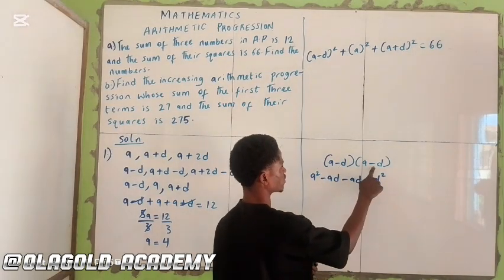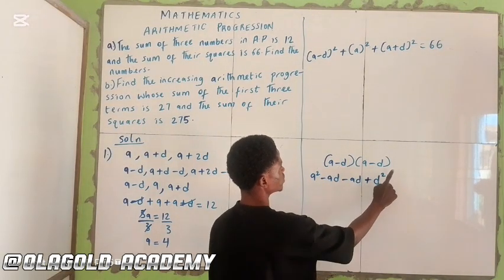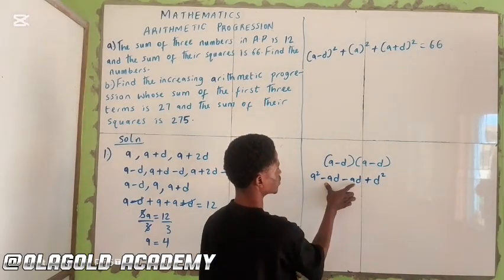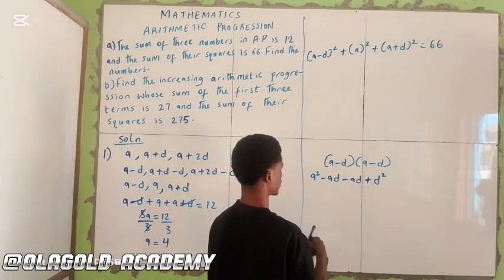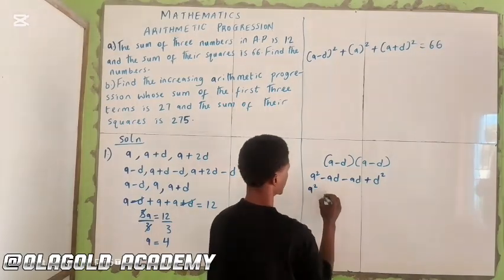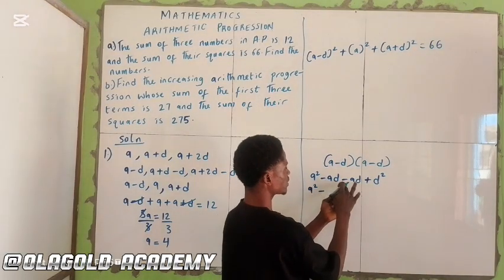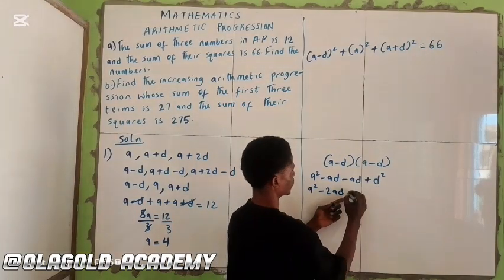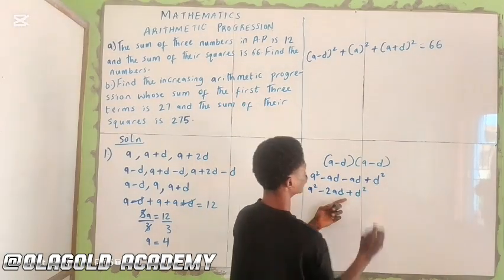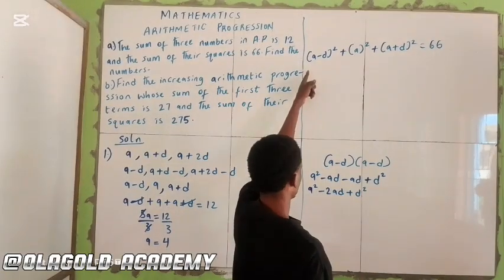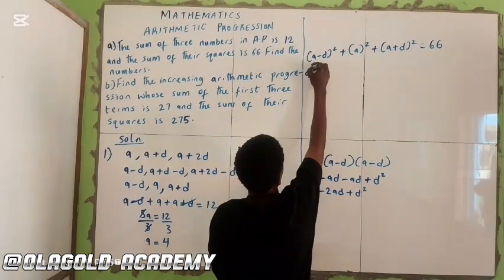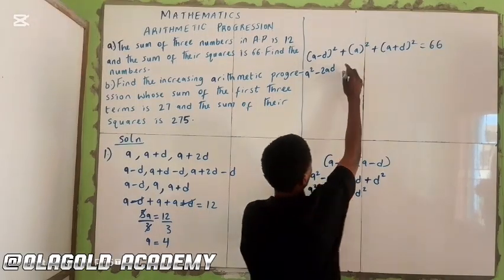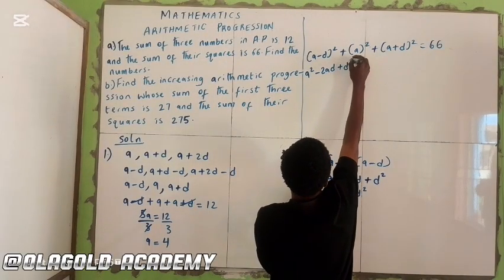So these two are alike, so we have A squared minus 2AD plus D squared.